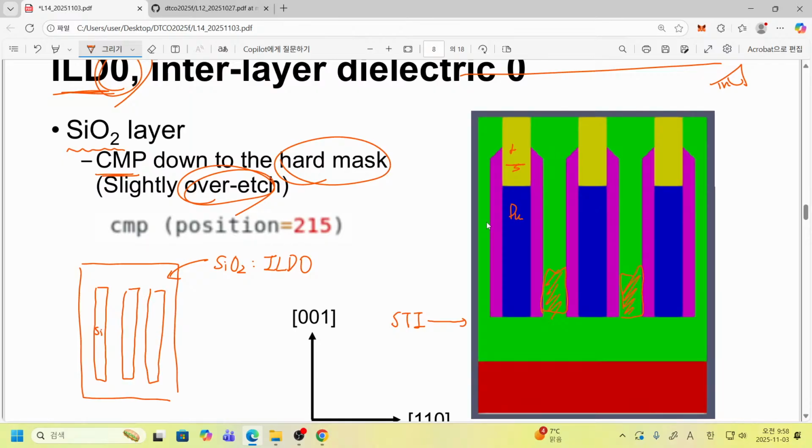That will be our current situation after ILD0 filling and CMP.